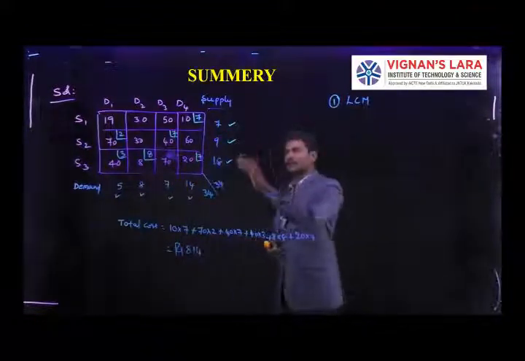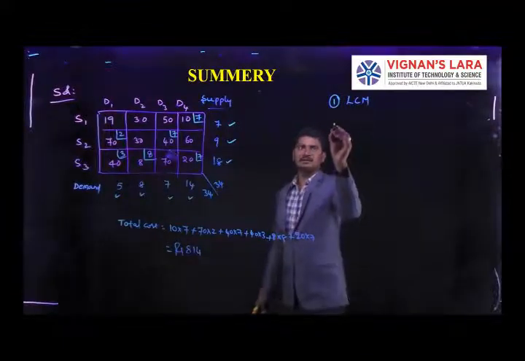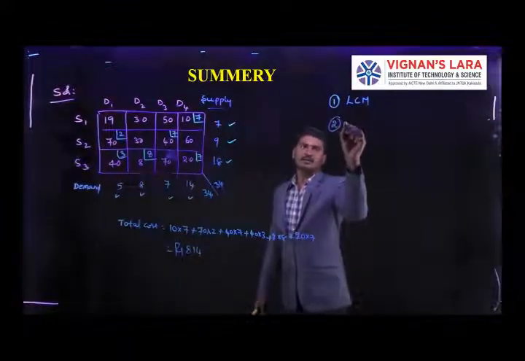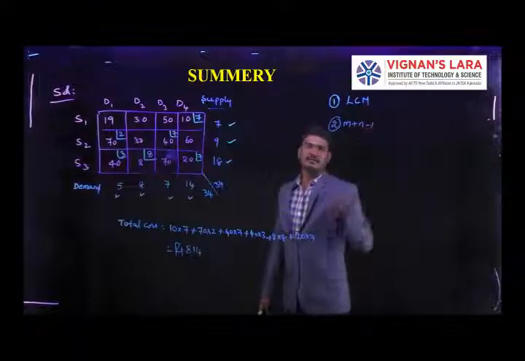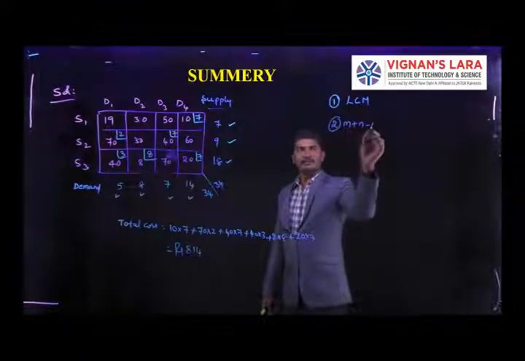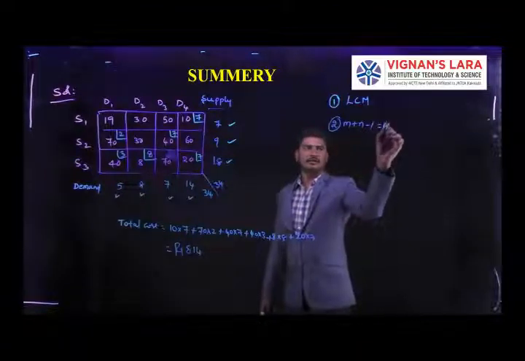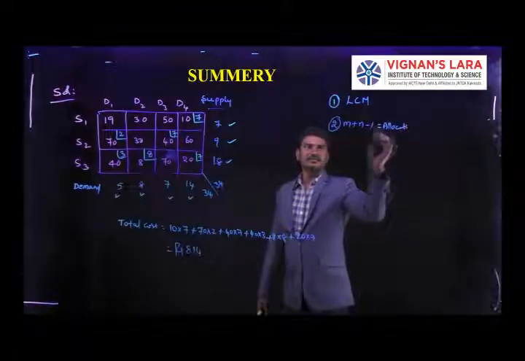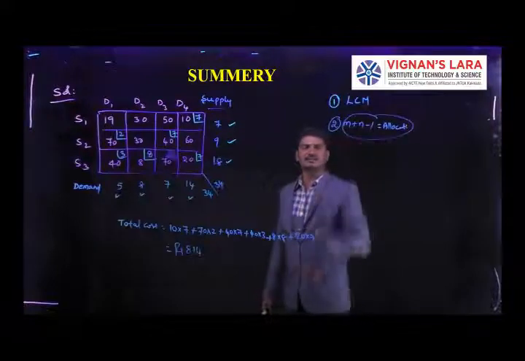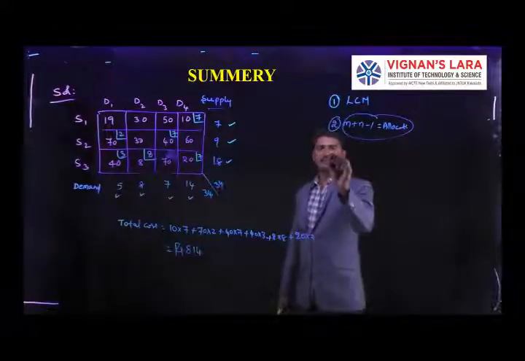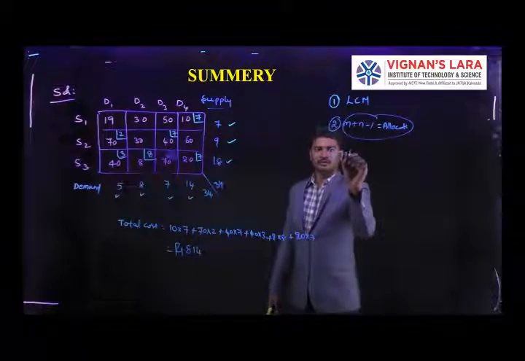After allocating, we are calculating the cost. Next, the second one is cross checking m plus n minus 1. After finding m plus n minus 1, it must be equal to the allocations, otherwise the solution is wrong. After satisfying this, we are going to find the total cost.